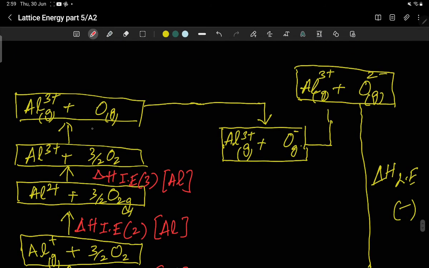And this is delta H atomization of oxygen into 3, because 3 oxygen atoms change into gaseous state. And it is equal to half of its bond energy.